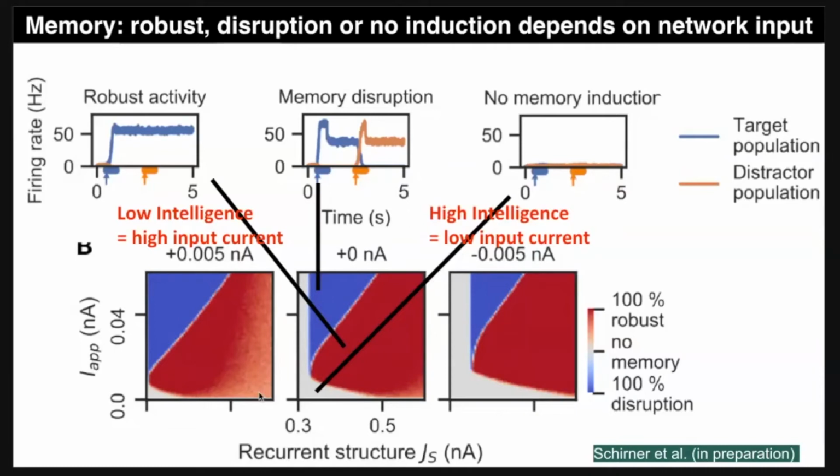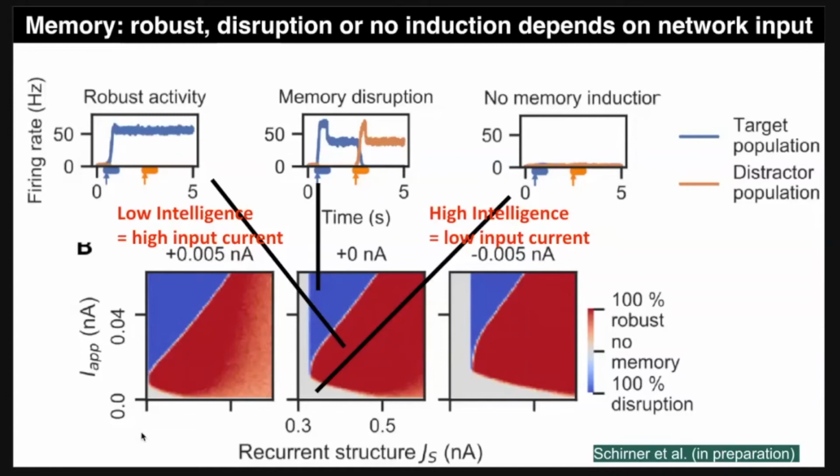So the diagrams show now on the y-axis the current that goes to the distractor population, and on the x-axis we see the strengths of the mutual inhibition between the two excitatory populations.